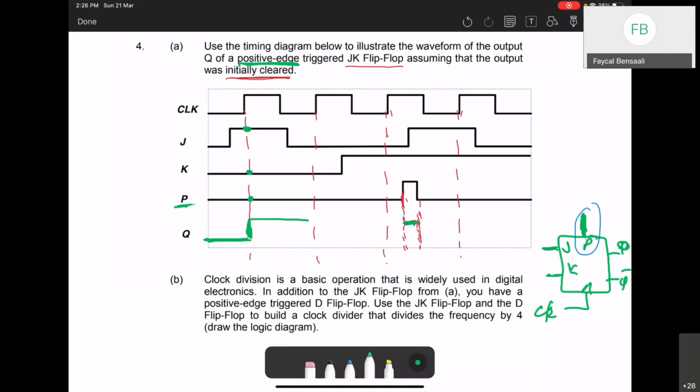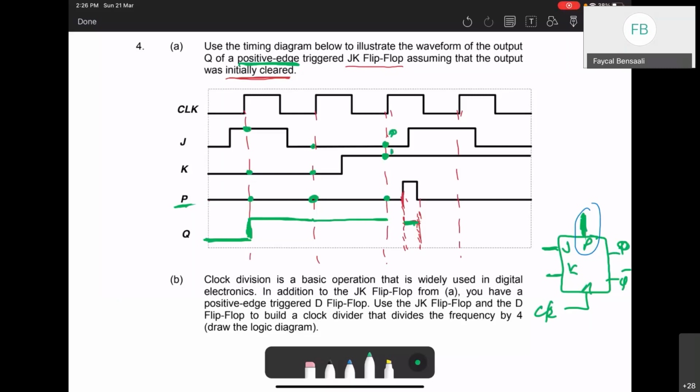And it stays 1 until the next rising edge. We still have P is 0, so it's fine. The JK will work as normal. And then we have 0, 0. No change, it means it stays 1 until here. And then we have 0, 1: J is 0, K is 1.